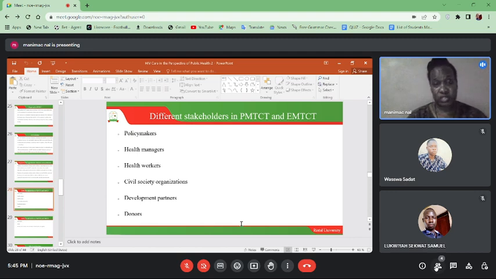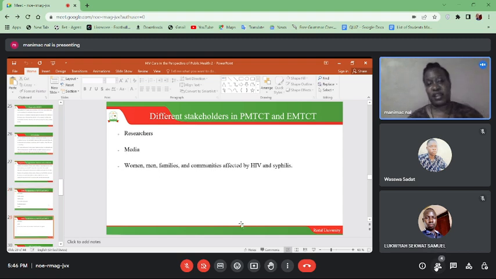We need also development partners and donors to take part, because if a service needs to be given to mothers, for instance new drugs, then they need to provide funds which can help make sure that all the logistics needed to make these services successful are provided.